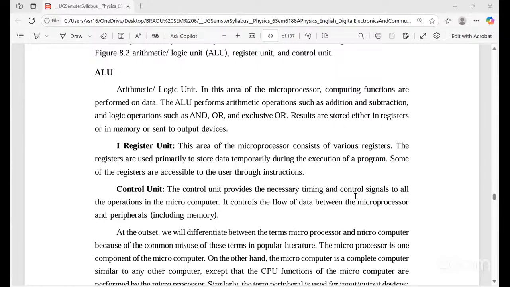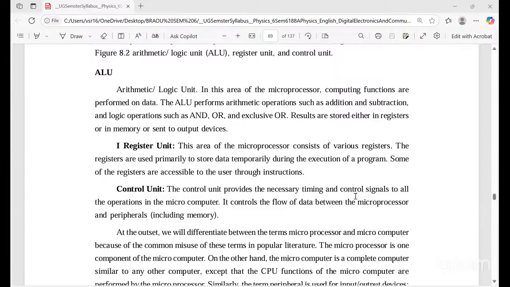Okay. At the outset, we will differentiate between the microprocessor and the microcomputer, because of the common misuse of these terms in popular literature. The microprocessor is one of the components of the microcomputer.